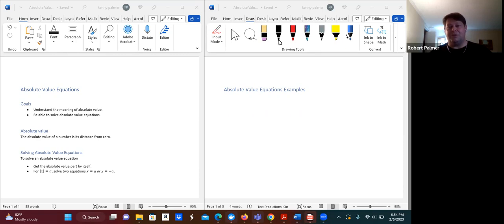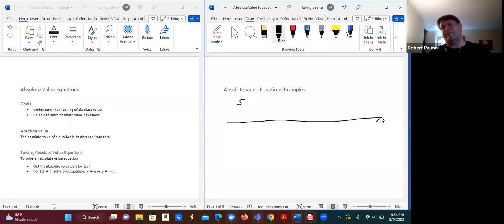Let's take a look at a few examples. Let's think about both 5 and -5. Here's 0, here's 5, here's -5. If we talk about the absolute value of 5, the way we indicate that is with these two bars.